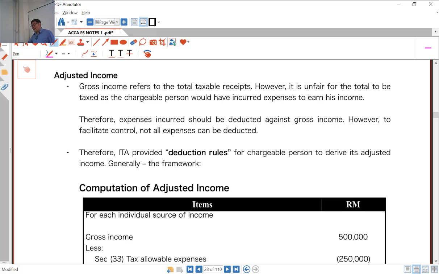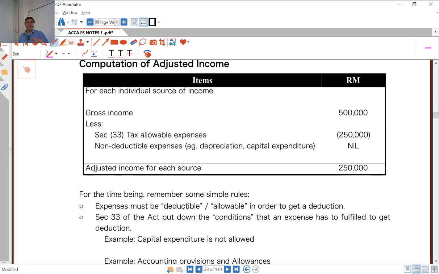Now, what is important is to look at this. How do we come from gross to adjusted? How do you do that? From gross to adjusted, in between these two incomes, what we have is expenses. That's it, expenses.